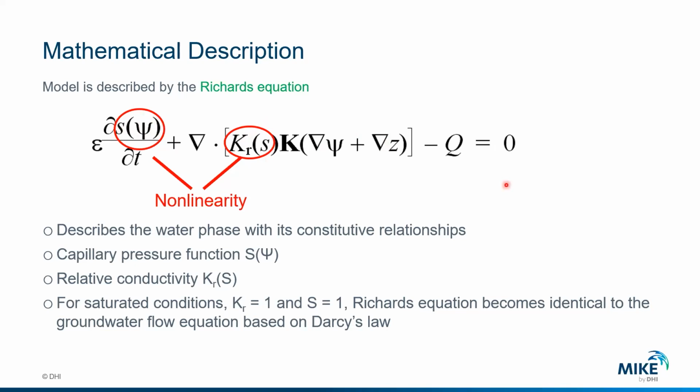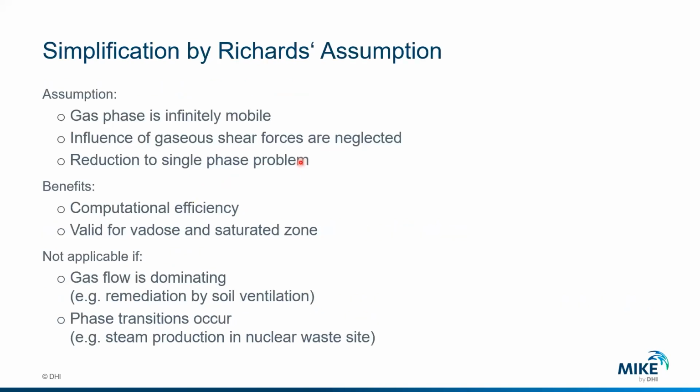So the equation describes the water phase with different constitutive relationships. We also identify there is a relative conductivity applied here, and the equation is valid for saturated and unsaturated conditions. This equation comes, like many, with some assumptions or simplifications.